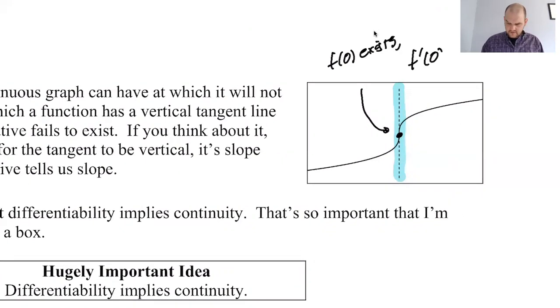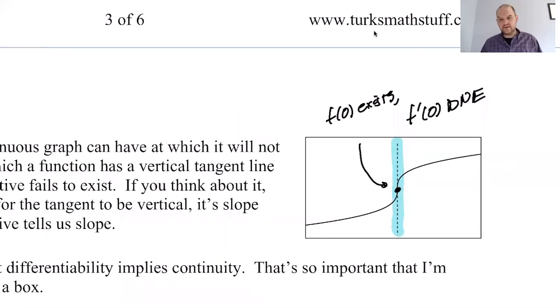F prime of 0 does not exist, but in both cases, the limit as x approaches, I'm pretending this is at 0, just for simplicity, the limit as x approaches 0 of f prime of x is actually equal to infinity. So you get infinity from the left and infinity from the right. So you're going to get a point of inflection there.